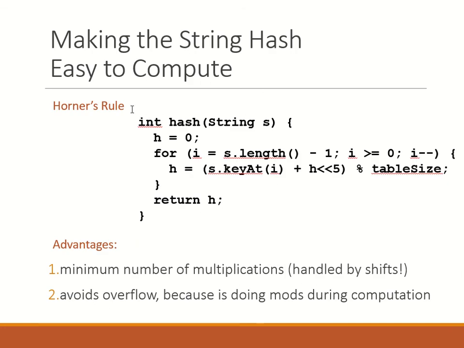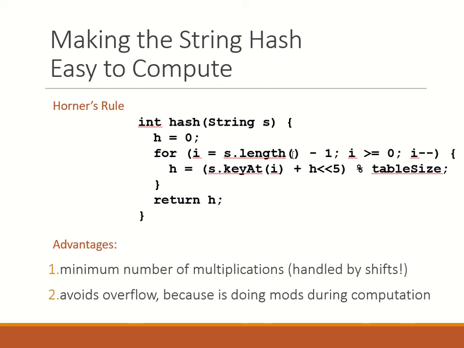Then, making the string hash better, this is one example, Horner's rule. What he has done is that he has not just taken the ASCII key, he has also performed a left shift. That also made it better, which means it could reduce collisions. Even if you get the same value, you perform a left shift over it so that you get a different value, and then you apply it over the table size so that you can reduce collisions.